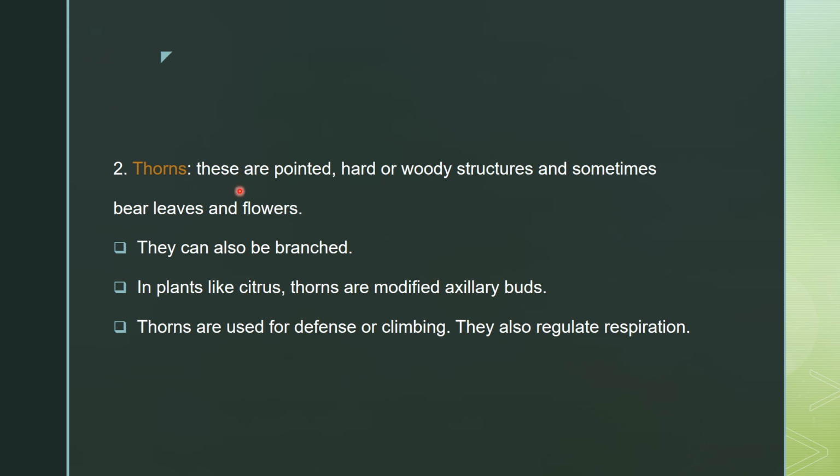Thorns. These are pointed, hard or woody structures, and sometimes bear leaves and flowers. The thorns can also be branched, and they can bear leaves and flowers. In plants like citrus or the lemon plant, thorns are modified axillary buds.